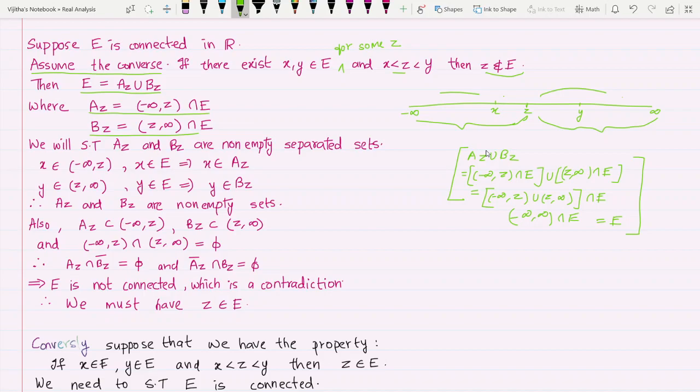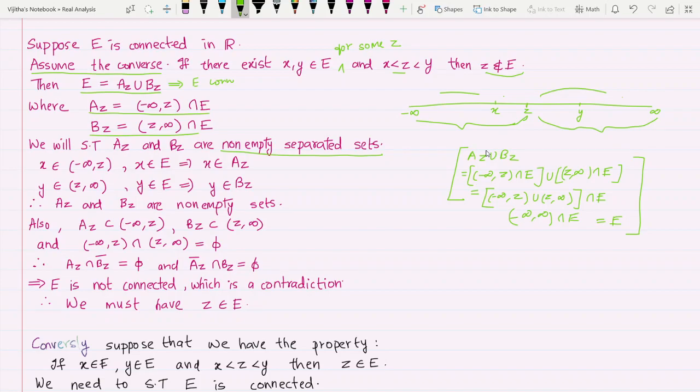Also now we will show that A_z and B_z are non-empty separated sets. If A_z and B_z are non-empty separated sets, it means that E is written as a union of two non-empty separated sets. So from this you will get that E will be connected.